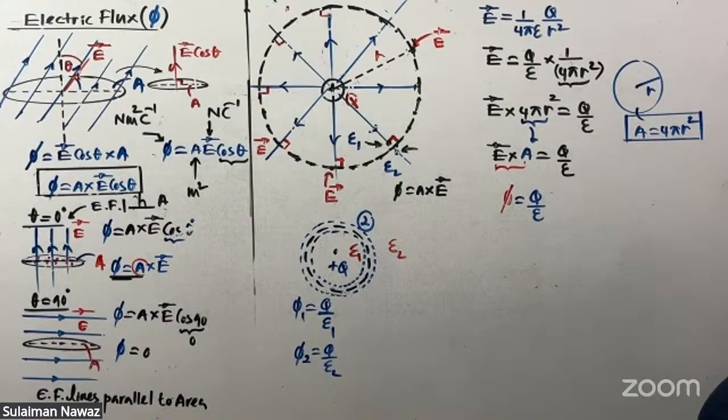As field lines are coming from the same plus Q charge, field lines in medium 1 and medium 2 must be continuous.